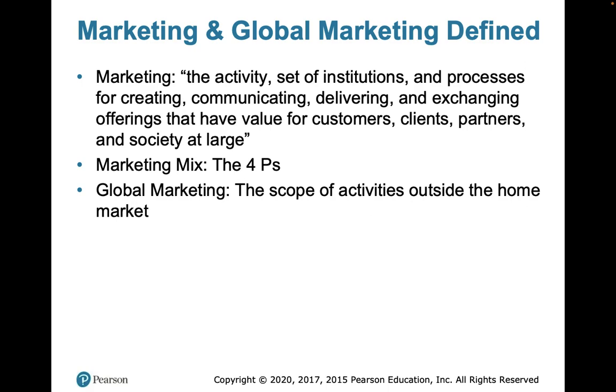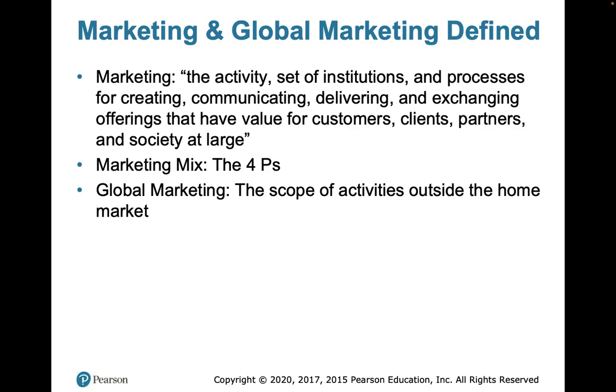However, we cannot achieve marketing without the marketing mix, which consists of the four P's: the first P is product, the second is price, the third is place, and the fourth is promotion. These four P's have to exist before we can say marketing.